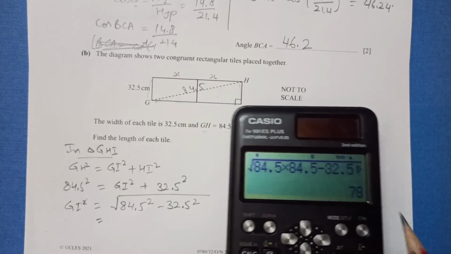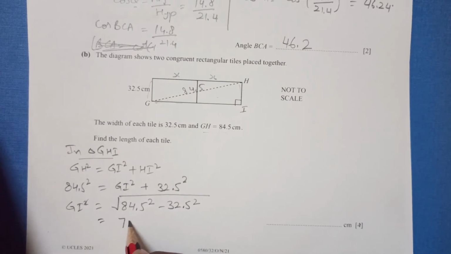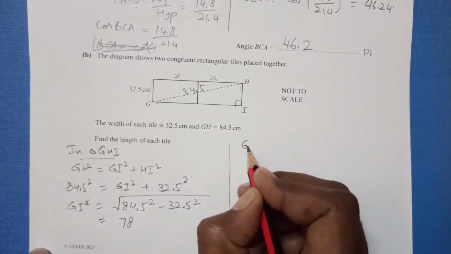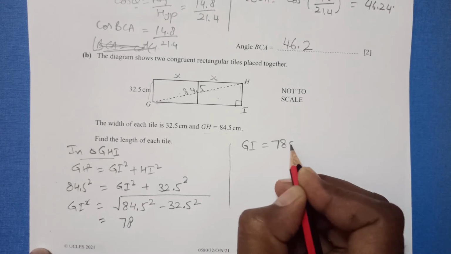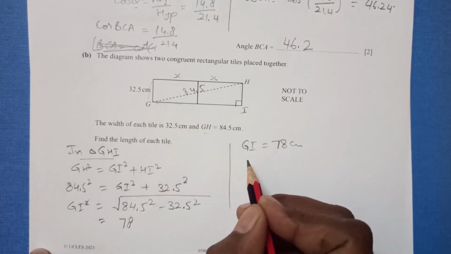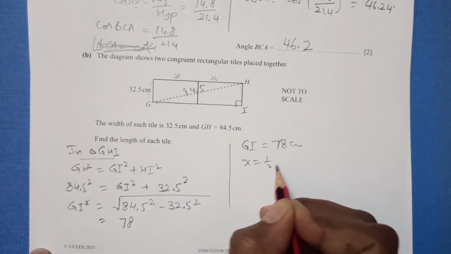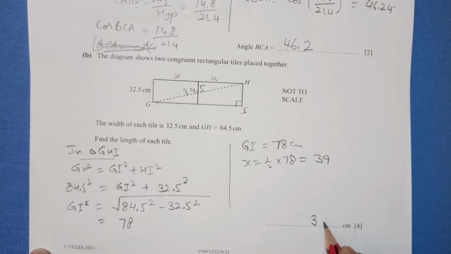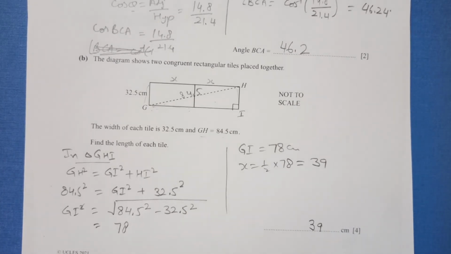It comes out to be 78. This is the length of GI, 78 centimeter, but we are looking for this length, which is half of that. So X will be half of 78, which is 39. So the final answer will be 39.